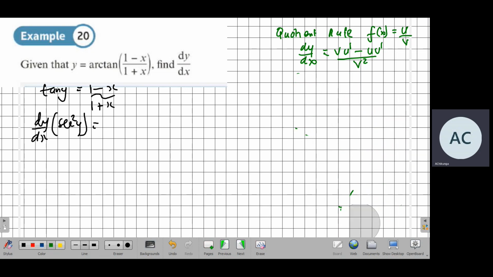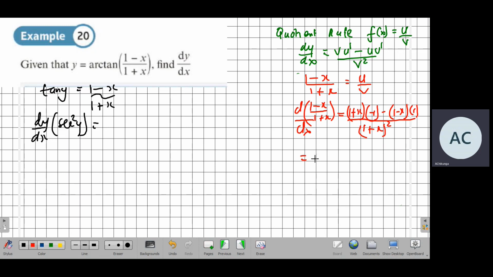And again, if we had to do the quotient rule on the right-hand side, you take 1 minus x over 1 plus x, and you call this your u over v. What it means is the derivative of 1 minus x over 1 plus x with respect to x is v, which is 1 plus x, times the derivative of u, which is just minus 1, minus 1 minus x times the derivative of v, which is just 1, divided by 1 plus x squared.